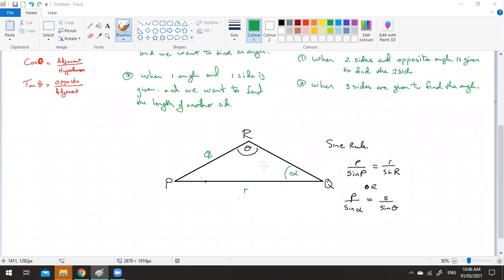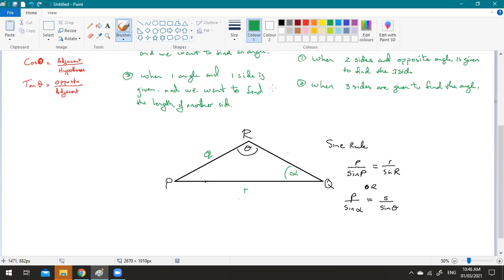We can write the formula in terms of Q and R now. So what letter comes first between Q and R? R. All right. So R over sine capital R is equal to Q over sine capital Q. So that's the formula we're going to use.